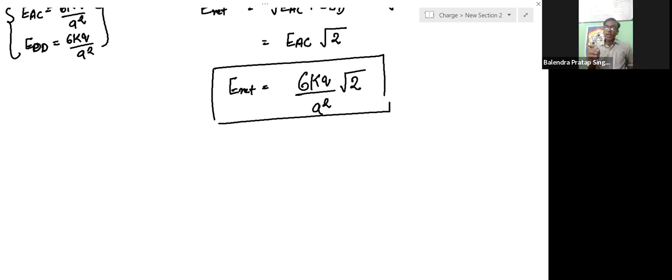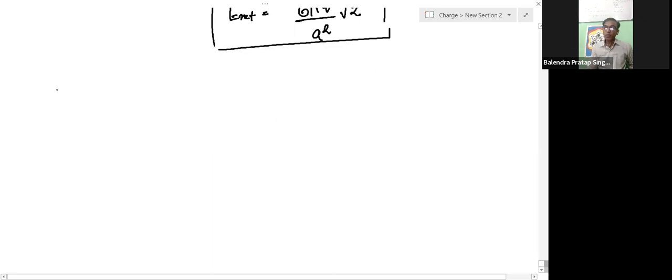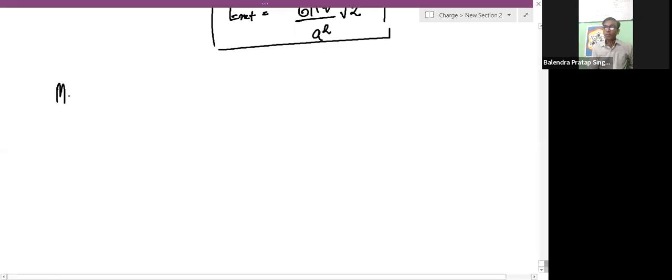Before going to dipole, first I will discuss what a monopole is. If I consider a single charge, if I put a single plus q charge here, then in that case it will behave as a monopole.